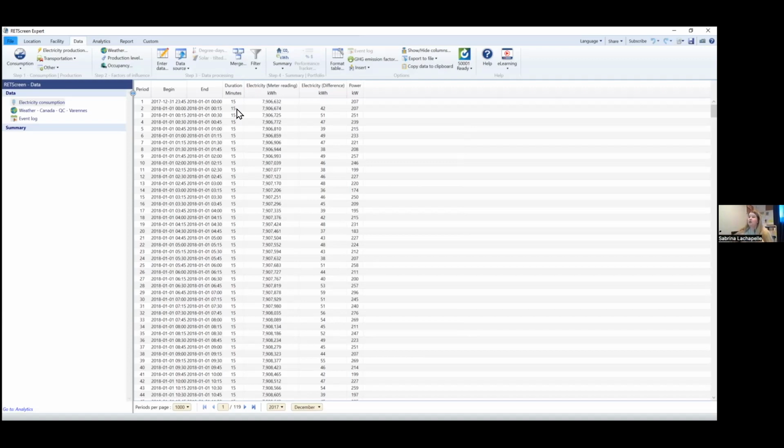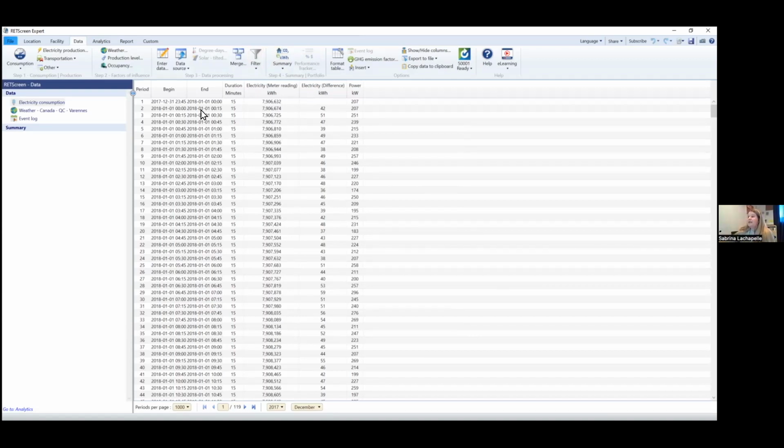We can import several types of data that your platform gathers. So in this case, you can see that we are working with the meter reading for our electricity, as well as the power, but any other type of data that your system is gathering and that you would like to analyze, it will be possible to import into RETScreen.